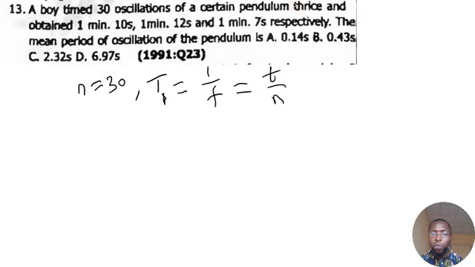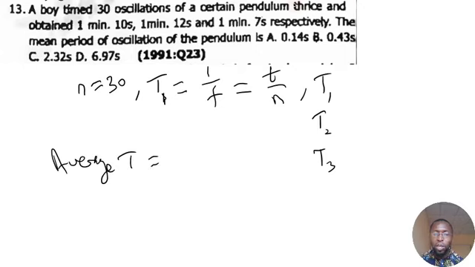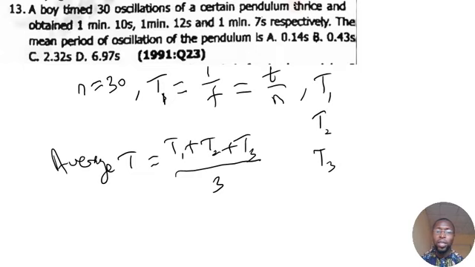In this case, we have T1, T2, and T3. So our average T will be T1 plus T2 plus T3 over 3. Mean also means average, and it will be the addition of the three times divided by 3.